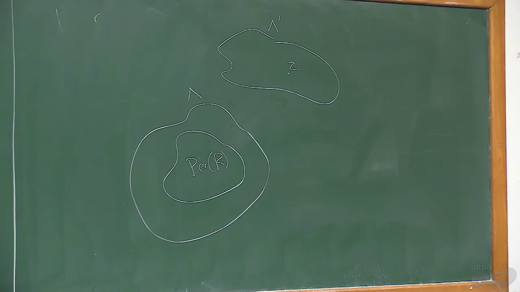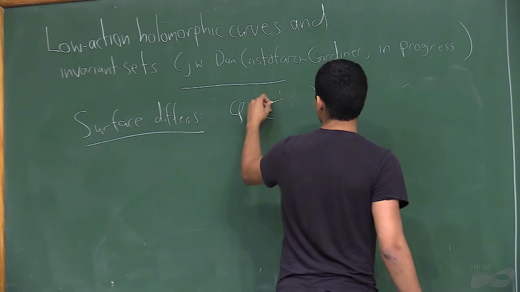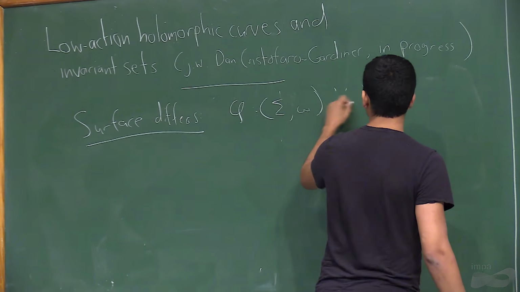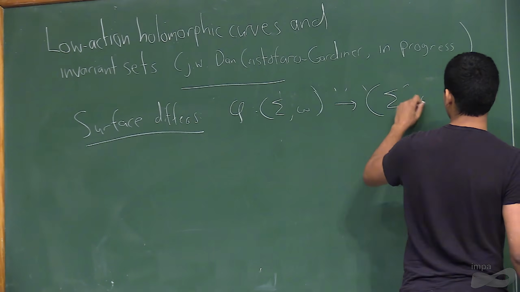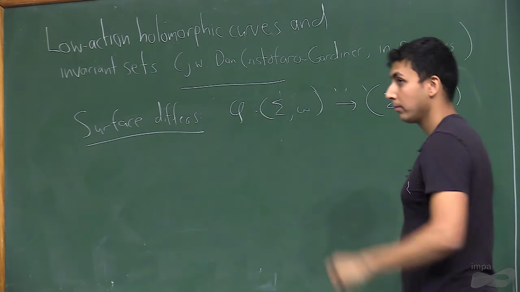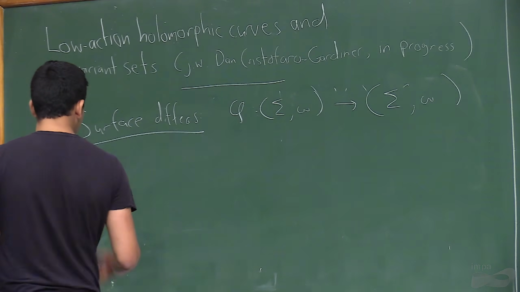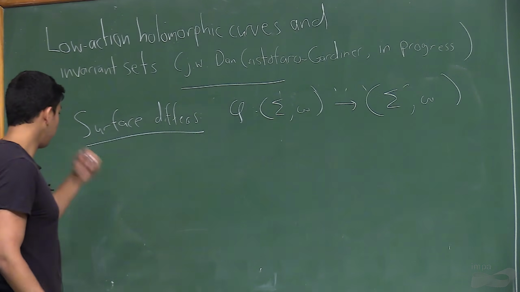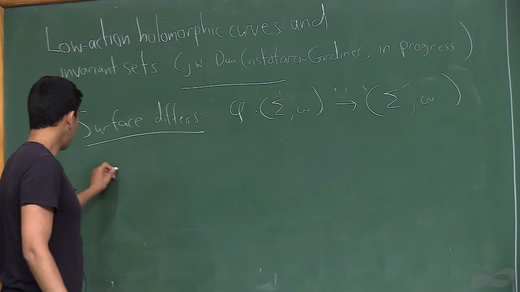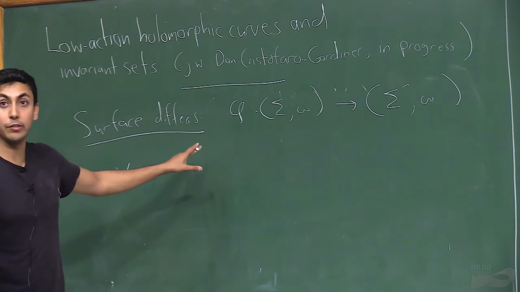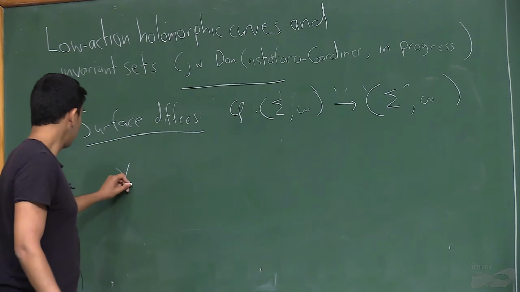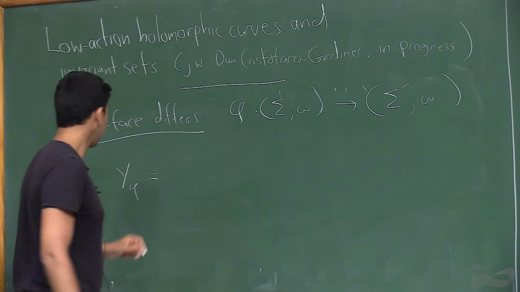Okay, so let's get back to surface diffeomorphisms. I'm going to fix a diffeomorphism phi of a closed symplectic surface, and I'm going to associate to it a stable Hamiltonian manifold via the mapping torus construction.